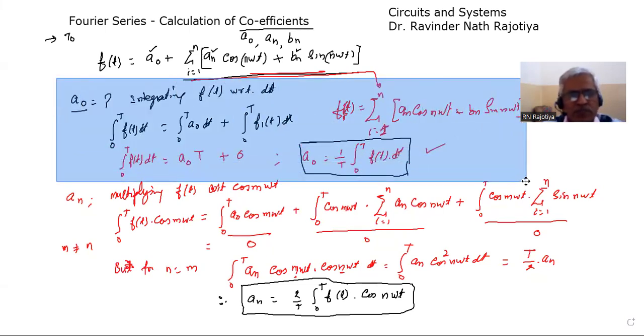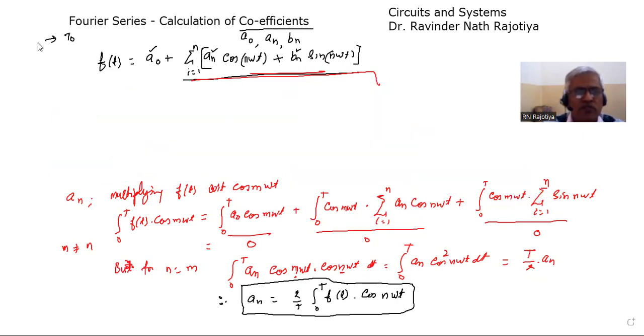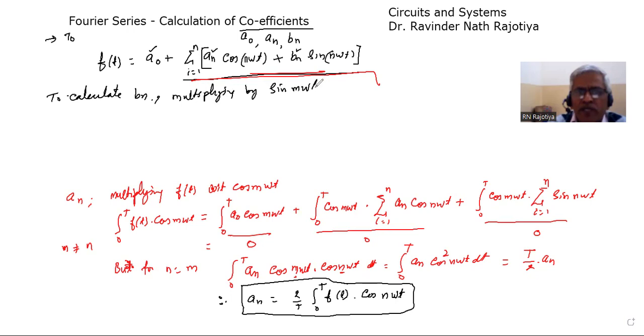Now similarly, you can find out the value of b_n, and to calculate the value of b_n, we can multiply the function on both sides by sine of m omega t and take the integral. So, multiplying by sine of m omega t and integrating.